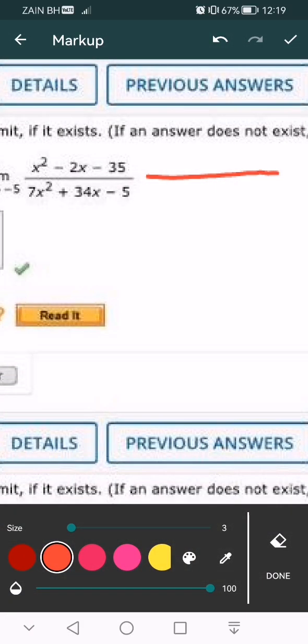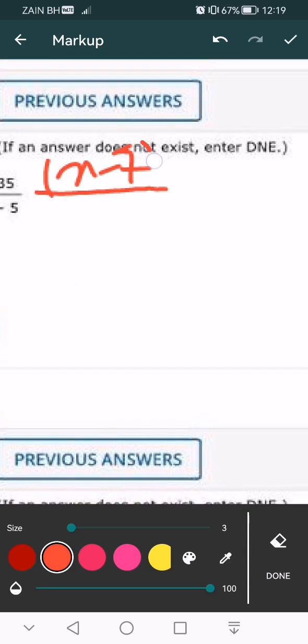What is the simplification of x squared minus 2x minus 35? I will get x minus 7 times x plus 5. I believe that all of you know this one.